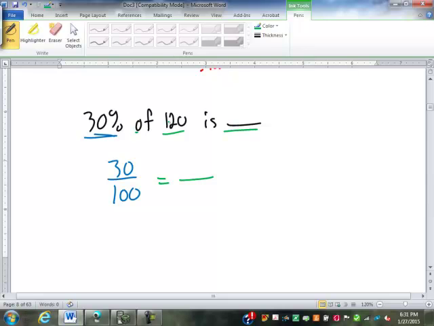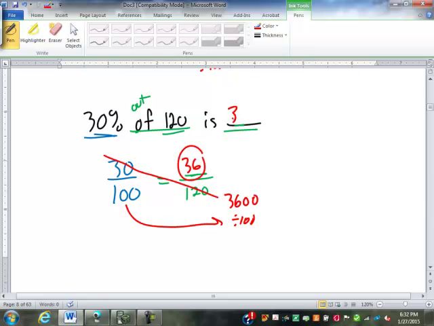Well, again, you see of 120, you think of out of 120, which implies that has to go on bottom. So the missing number goes with the 30. And again, we cross multiply and divide. 30 times 120 is 3,600. Divided by 100 is 36.